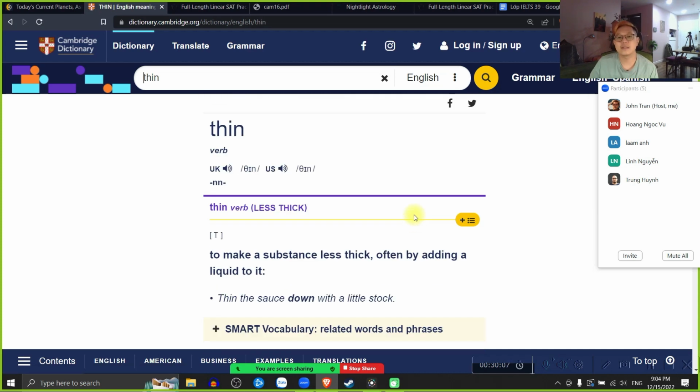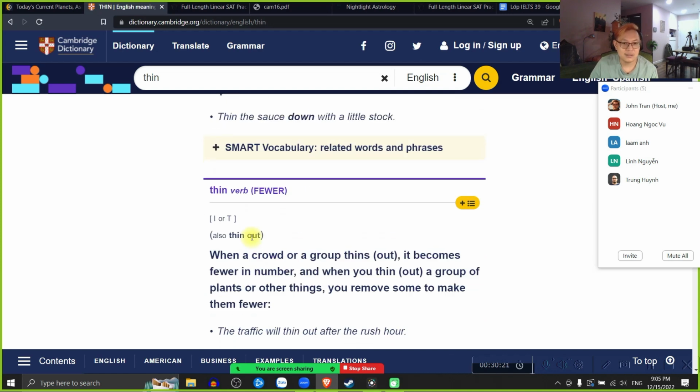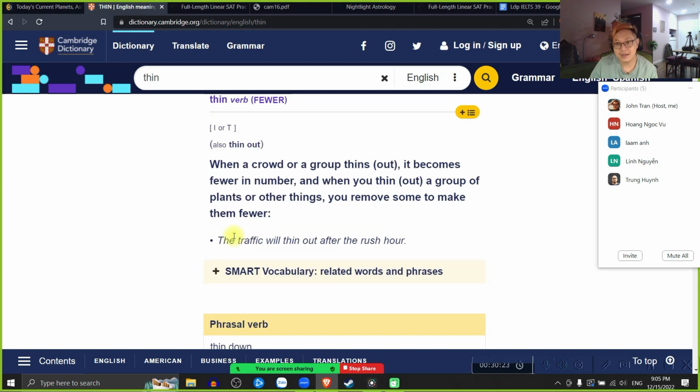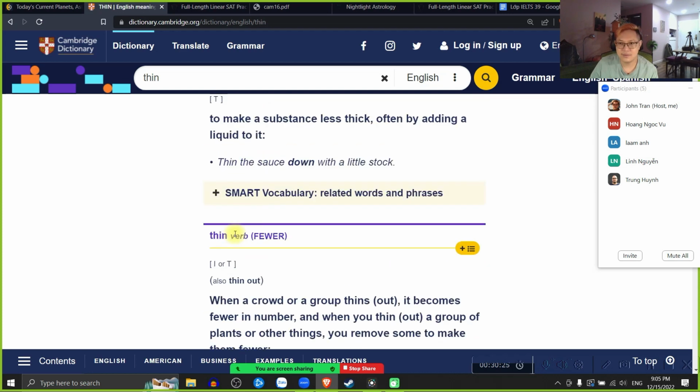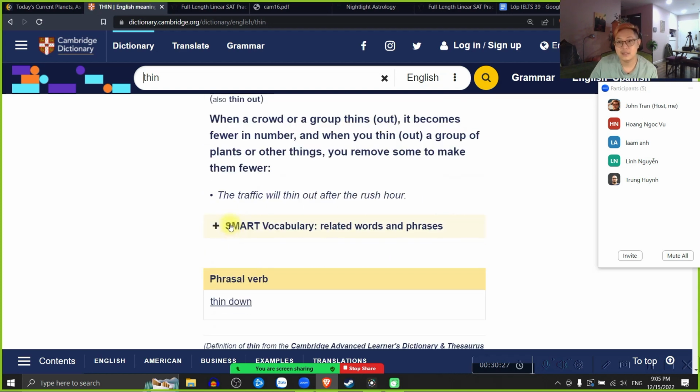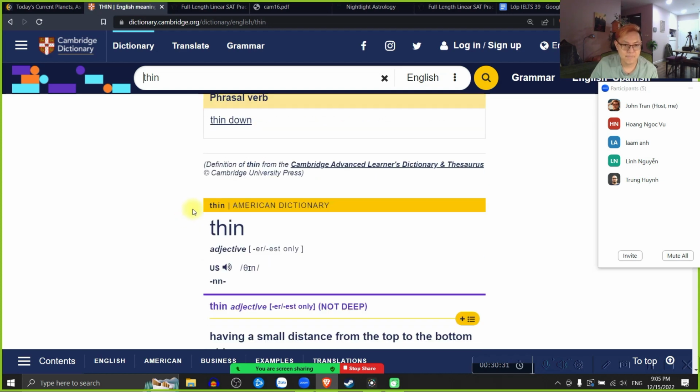To make a substance less thick, often by adding a liquid to it. Làm cho một cái chất nào đó nó ít dày đặc hơn, thường là bằng chuyện thêm cái chất lỏng cho nó, tức là làm loãng ra. Động từ thin là làm loãng ra, chứ cái từ phù hợp ở đây là gì? Là nó cắt ra. I don't think thin is the right word. Thin here means dilute, làm loãng ra.